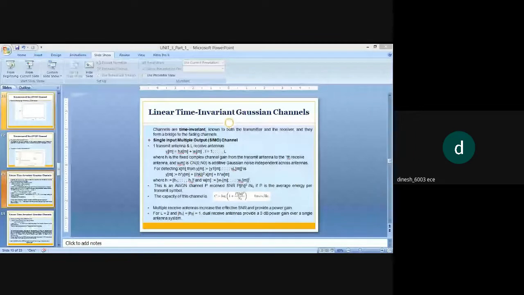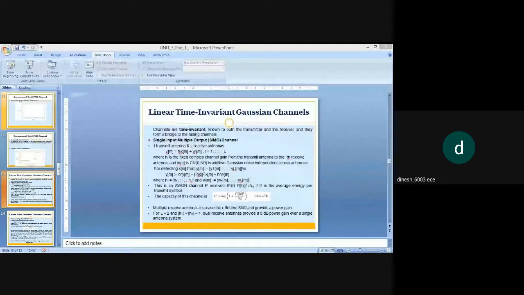So y of m will be equal to h x of m plus w of m, where h is h1, h2, h3, h4 till hL, the whole transpose, and w is w1 of m, w2 of m, w3 of m, till wL of m, the whole transpose.